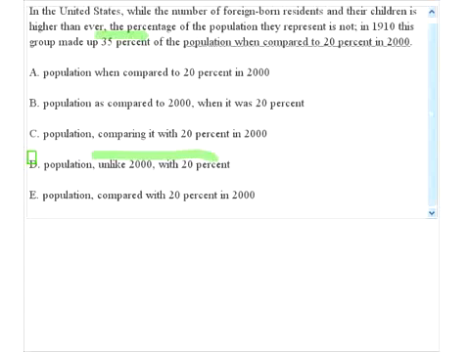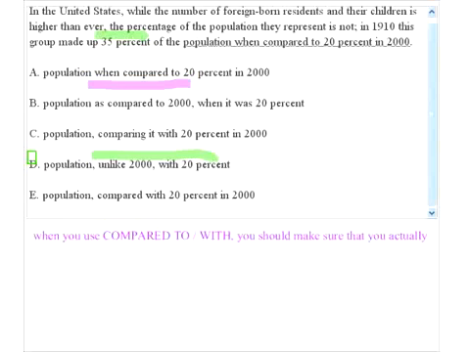The big wrong here, make sure you know that this is big wrong. Okay, when you use comparisons like this, when you use compared to or compared with, you should make sure that you actually compare the quantities that are supposed to be compared.